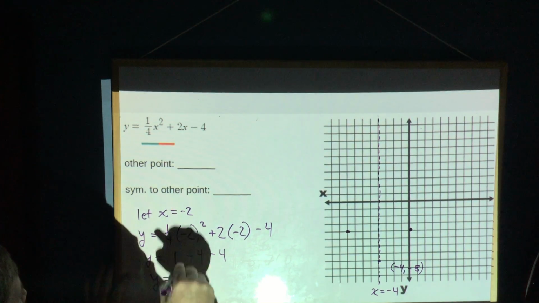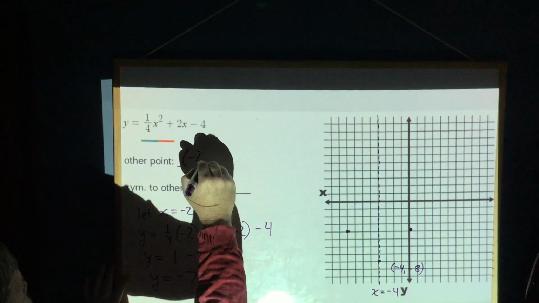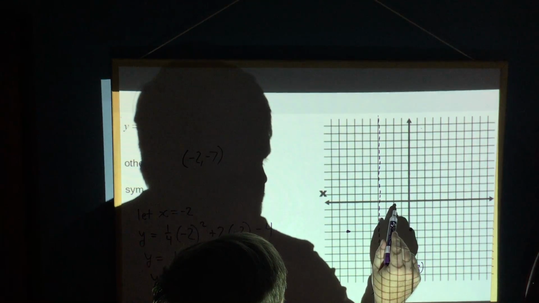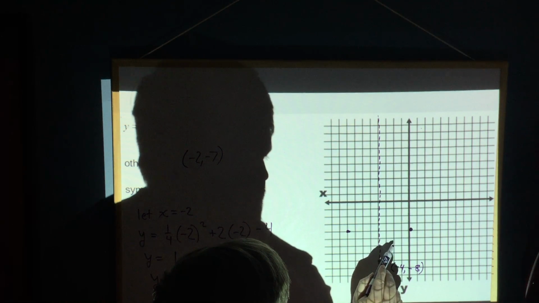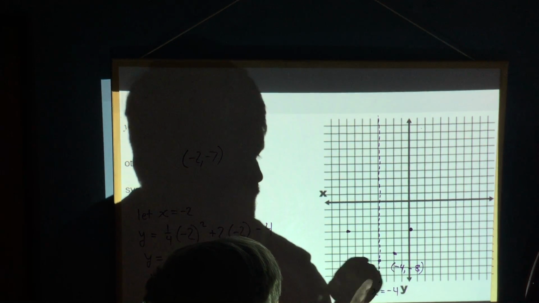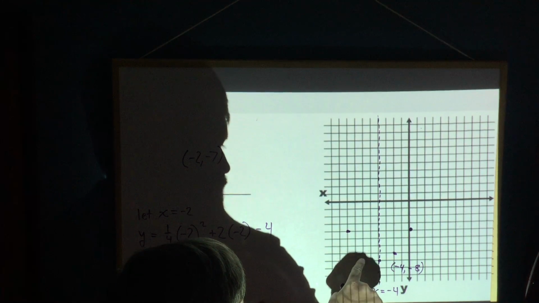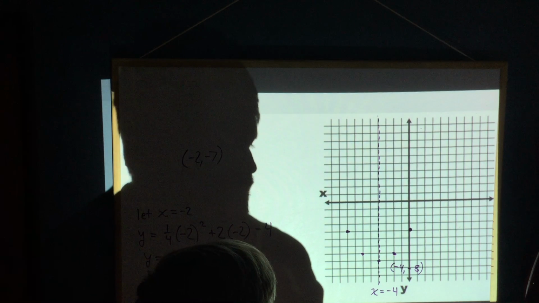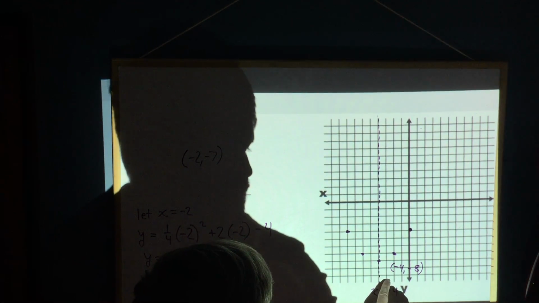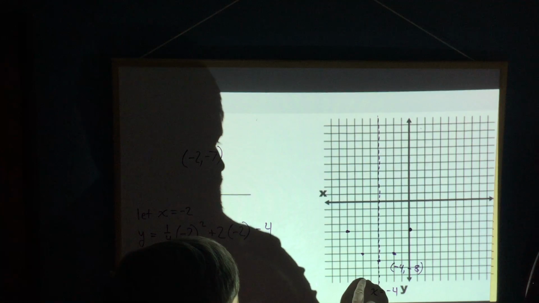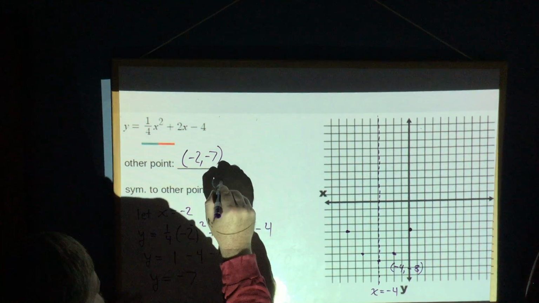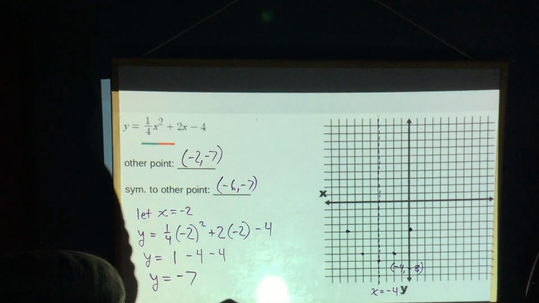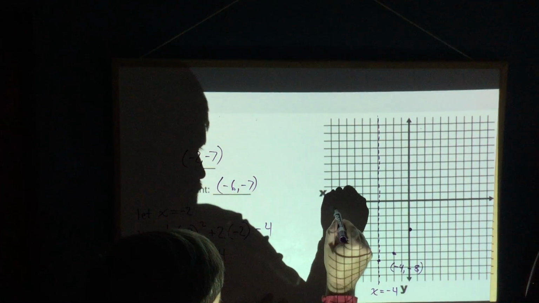That's negative 2 and that's negative 7. So there's my other point. Negative 2, negative 7. Negative 2, negative 1, 2, 3, 4, 5, 6, 7. That's 2 away, so go 2 to the other side, and I get this point right here. That's the symmetrical point. And the coordinates of that are negative 6, negative 7. And the last thing to do is draw in that parabola.